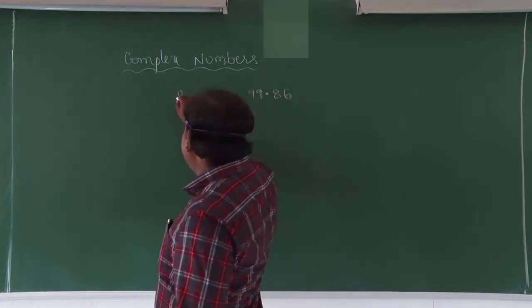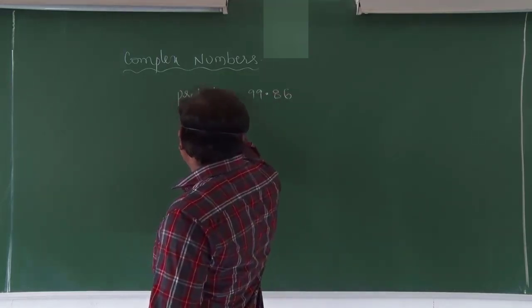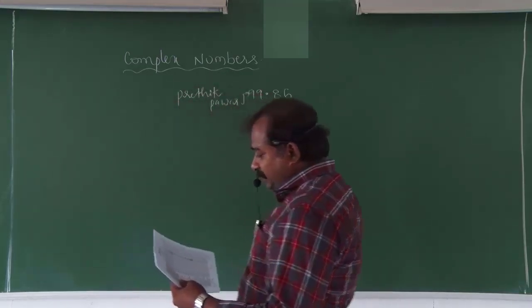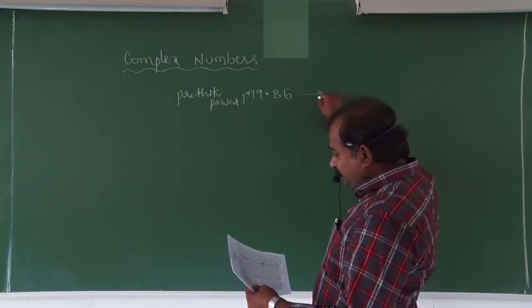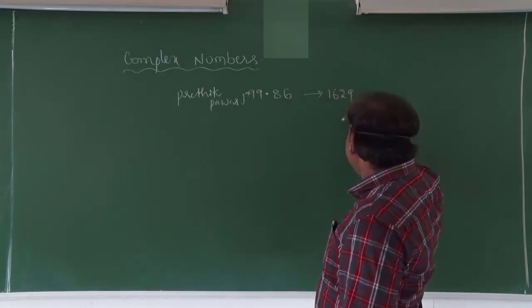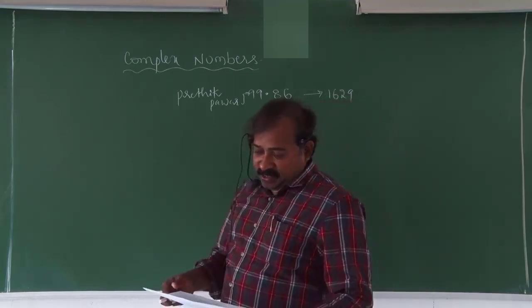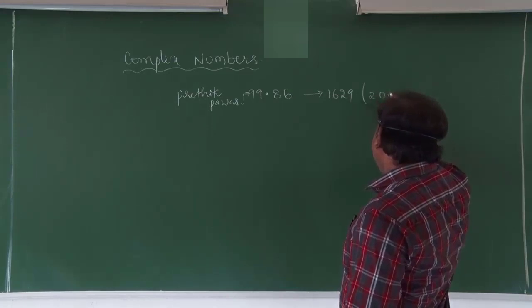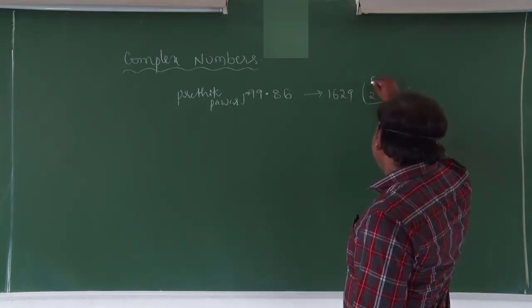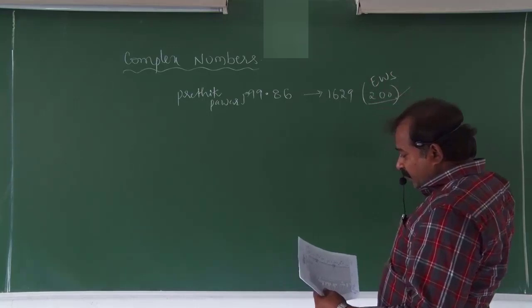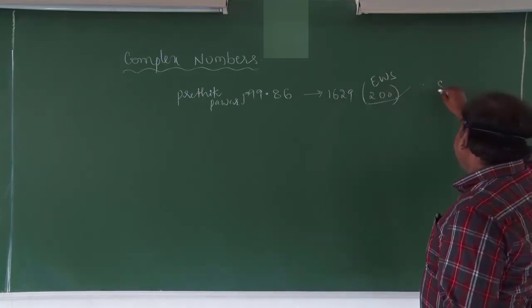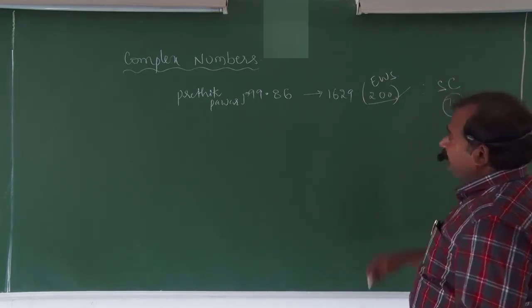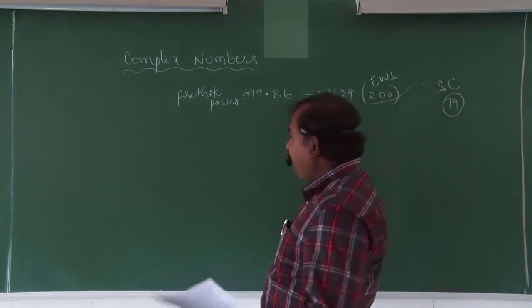And the best rank from our side is 1629. In the EWS category, the rank is 200. This is the best rank in EWS. And in the SC category, our best rank is 79.